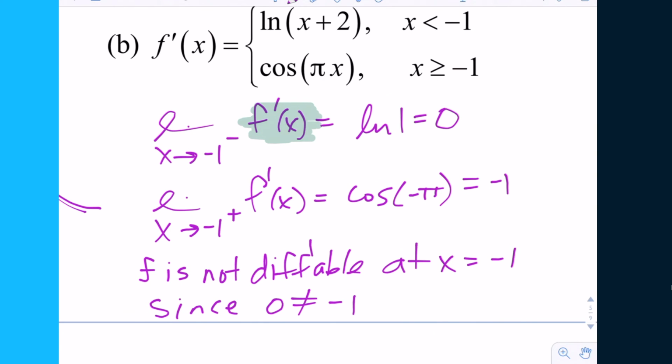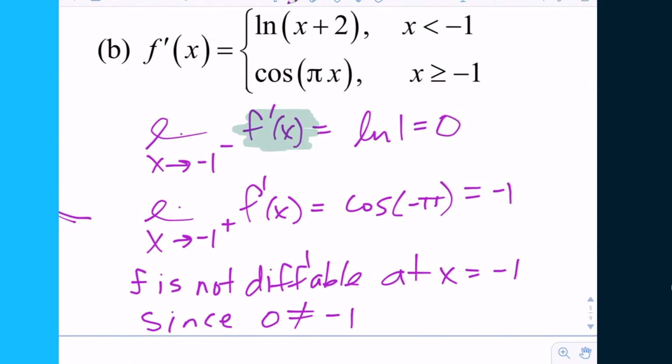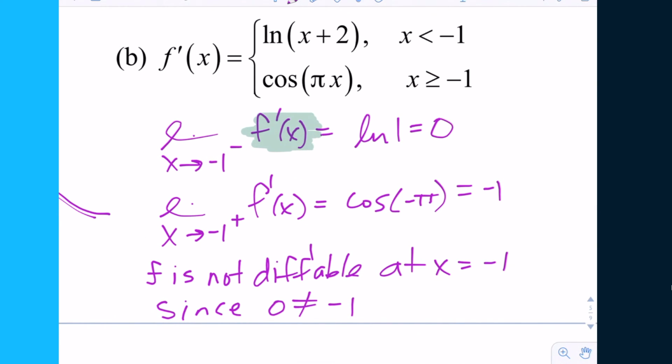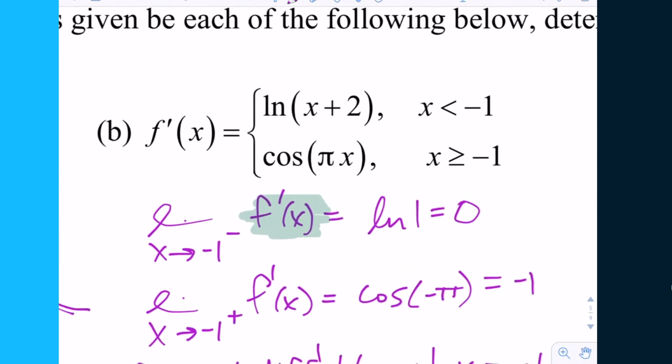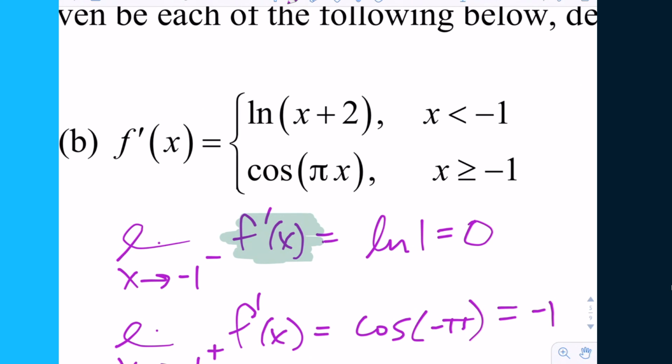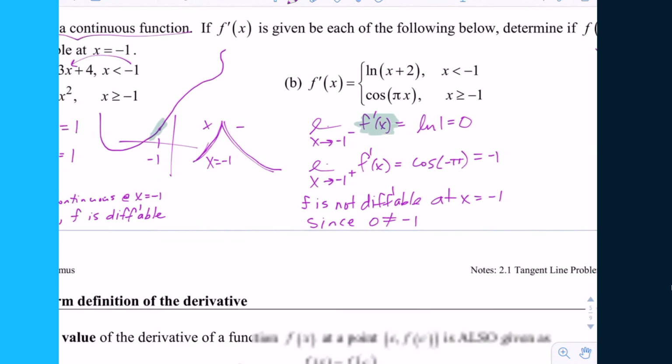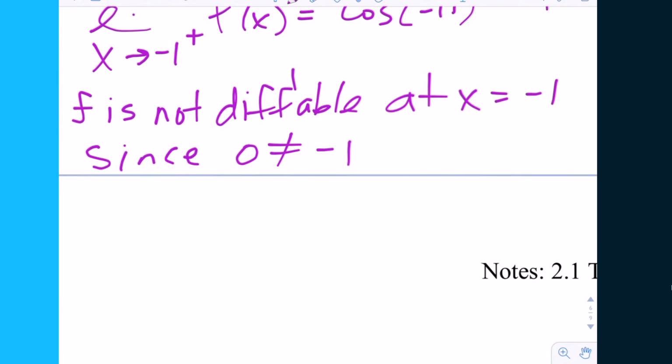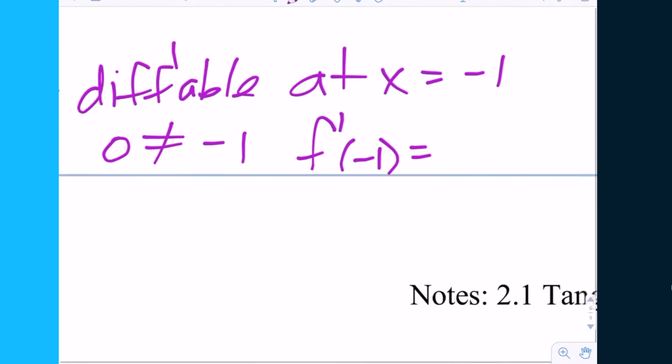Now, because of that, notice the way that f prime was given to us was slightly in error. Can anyone see what's wrong about them giving us f prime that way? And by them, I mean me. Well, yeah, it is continuous because it says f is continuous; f prime is not continuous. But notice, we just said that f is not differentiable at x equals -1, which means f prime of -1 should equal what?